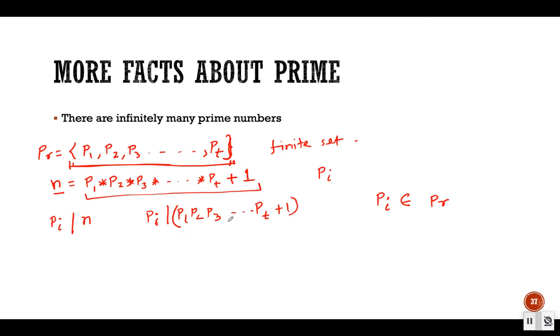From that we can see that this number pi also divides the whole product p1 p2 p3 up to pt, because pi already belongs to this set. So pi divides the multiplication of all the prime numbers, and also pi divides the multiplication of all prime numbers plus 1.